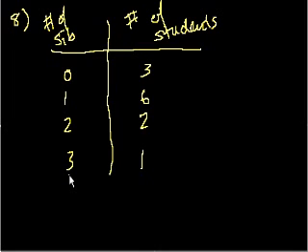Later, a new student joined the class, and the average number of siblings per student became equal to the median number of siblings per student. How many siblings did the new student have?